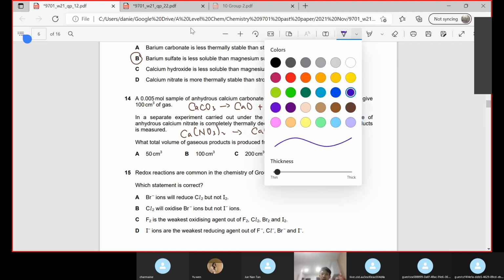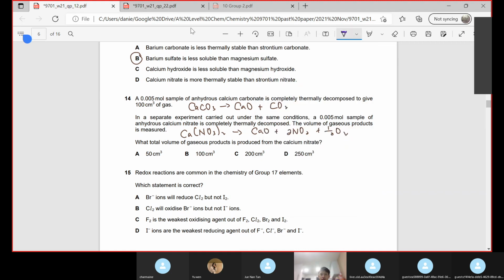Okay, now we look at the difference in the gas products. Carbonate only releases CO2 and it is a 1:1 ratio. Okay, so 0.005 mole will give us 100 centimeter cube of gas, and this gas is CO2 gas. Then the gas products produced from the decomposition of calcium nitrate will be NO2 and oxygen gas, right?